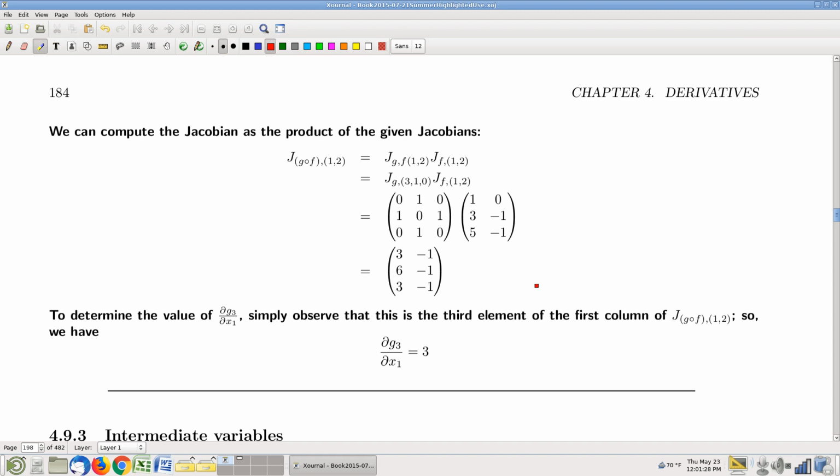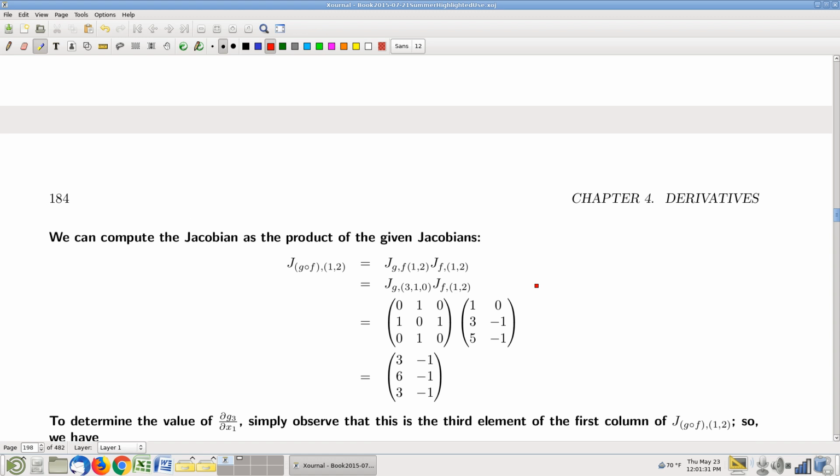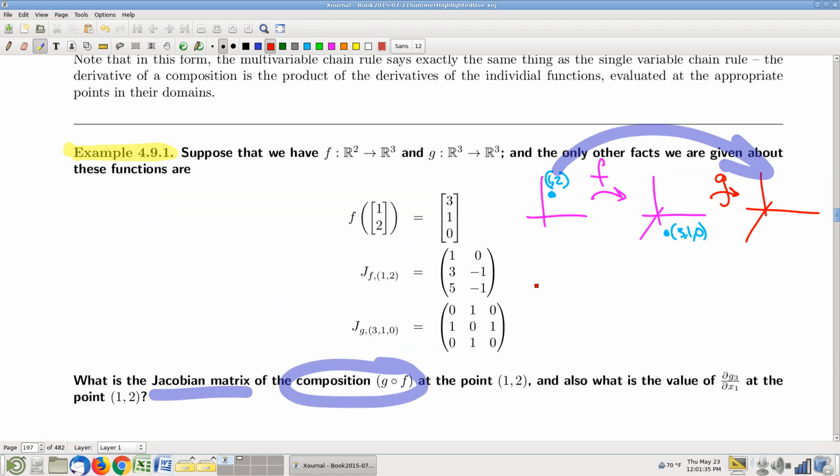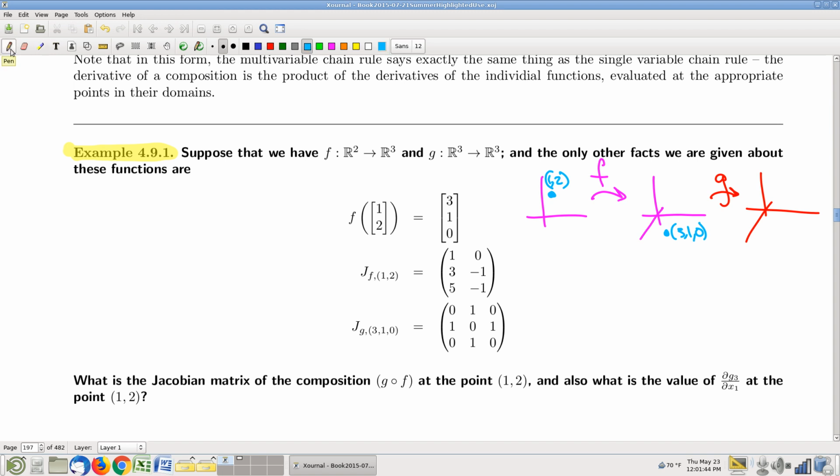Okay. All right, now, you do have to be careful in this next part. Arguably, there are some critical details that maybe should have been made more precise in the statement of this question. So we've got f from R2 to R3, g from R3 to R3. I didn't say what the names of the individual variables were.